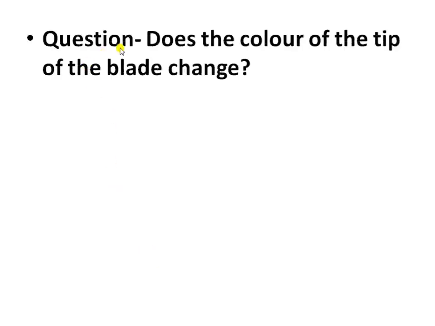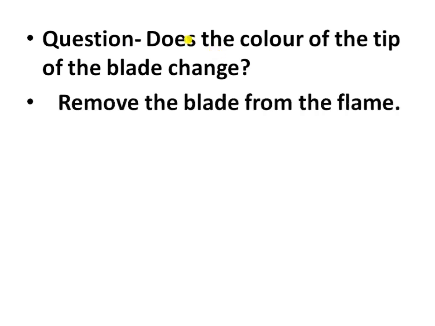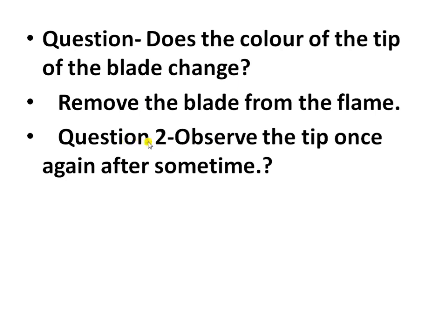The question arising here is, does the color of the tip of the blade change? Then remove the blade from the flame, and again the question arising here is, observe the tip once again.